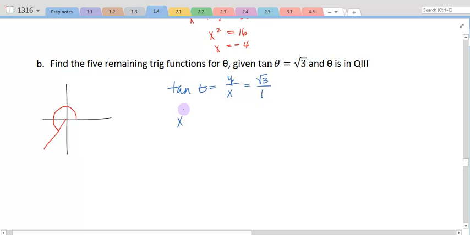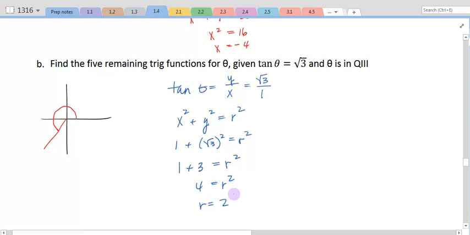So if I know x squared plus y squared is equal to r squared, then I know 1 plus the square root of 3 squared is equal to r squared. So 1 plus the square root of 3 squared is 3, which is r squared. So 1 plus 3 is 4, and therefore r would be equal to 2.